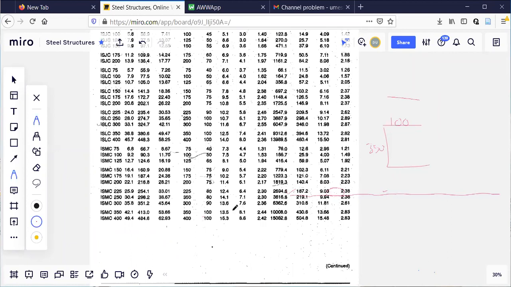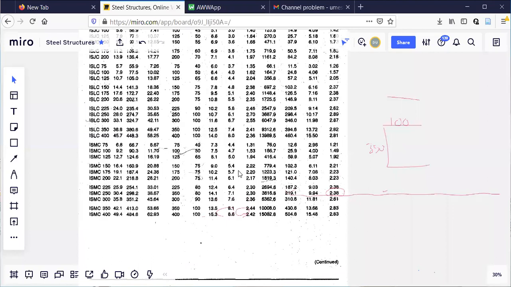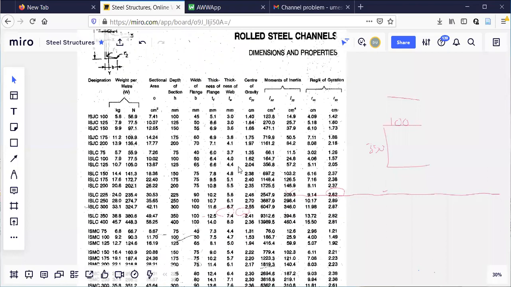is given. You can see one is 13.5, another is 8.1. Two thicknesses are there, one for web and one for flange. Let us see that here: flange thickness and thickness of web. 13.5 is flange thickness, web is 8.1.